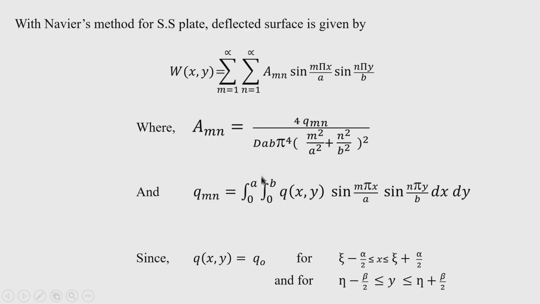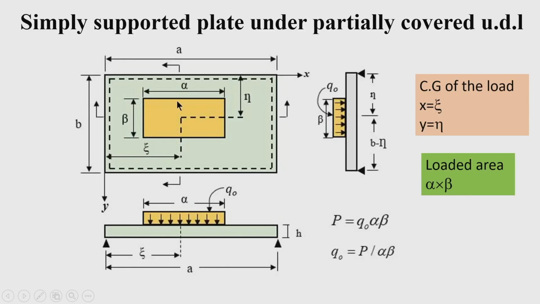Now, let us see what the limits of the integration will be. In that case, the lower limit of this integration will not be 0; it will start from here. So, obviously, it will be xi minus alpha by 2, and the upper limit will be xi plus alpha by 2.